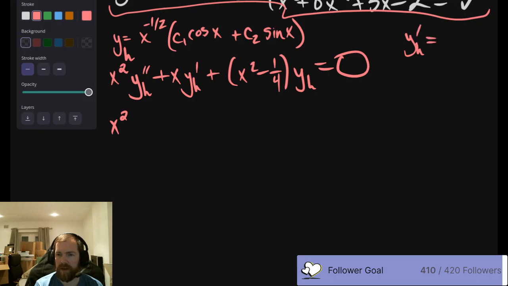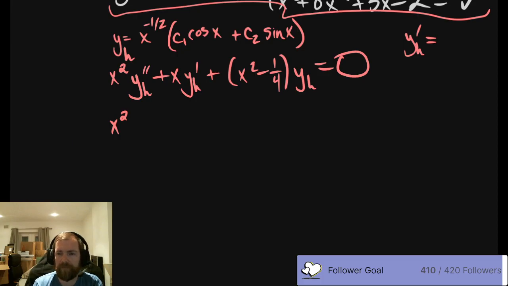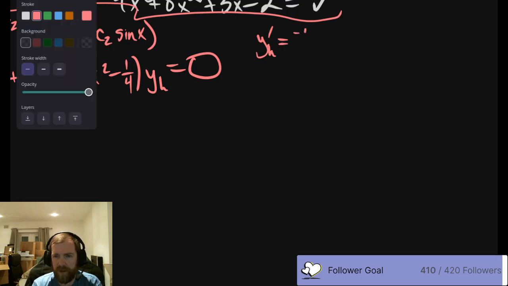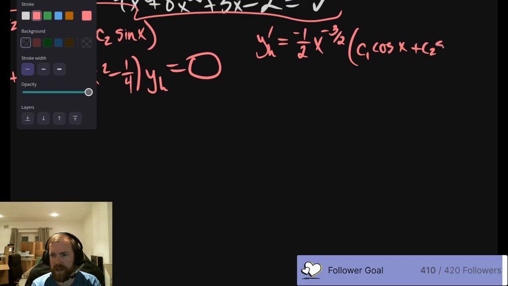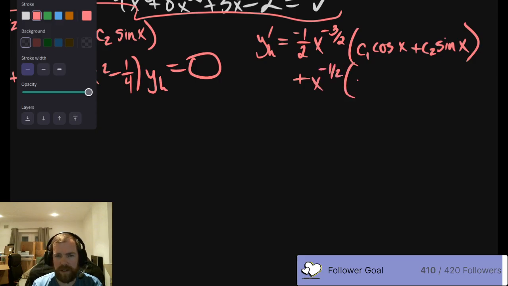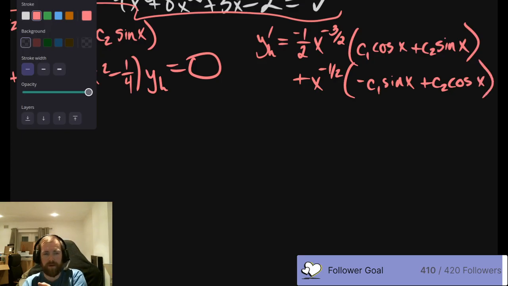Y homogeneous prime is going to be negative 1/2 x to the negative 3/2 times c1 cosine x plus c2 sine x, plus x to the negative 1/2 multiplied by negative c1 sine x plus c2 cosine x. Right, we use the product rule.